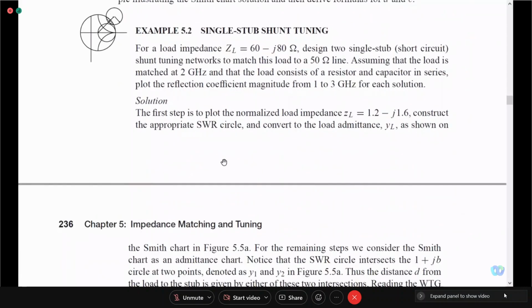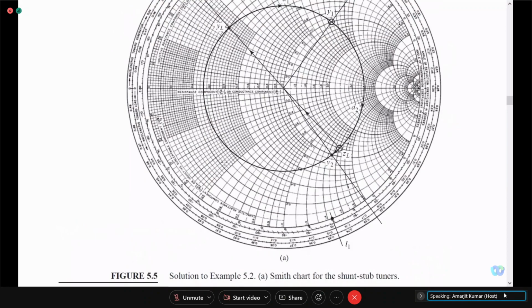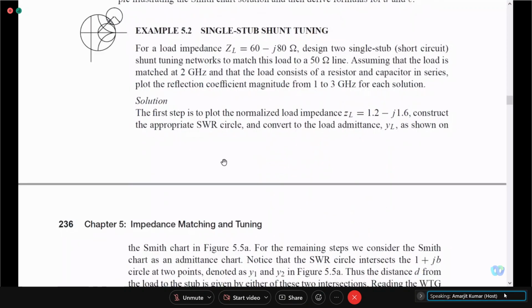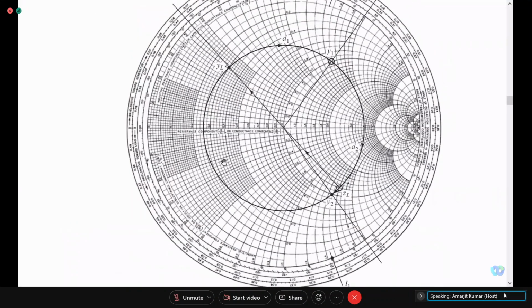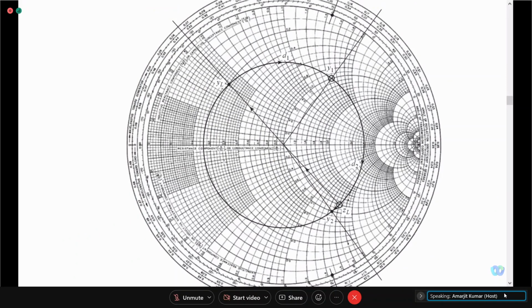So now what we will do first, we will locate small zL, 60 minus j80 divided by 50. So it is 1.2 minus j1.6. Where is that zL?